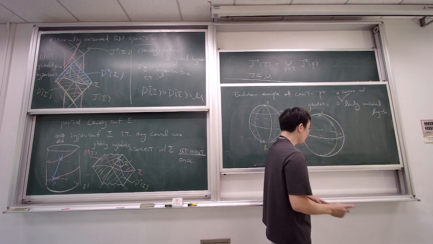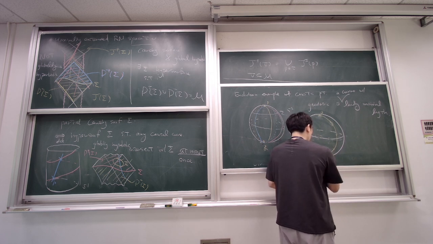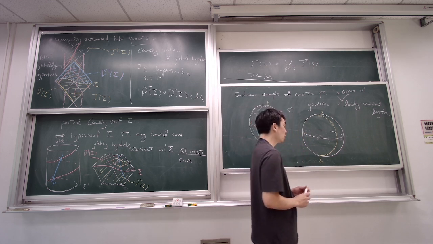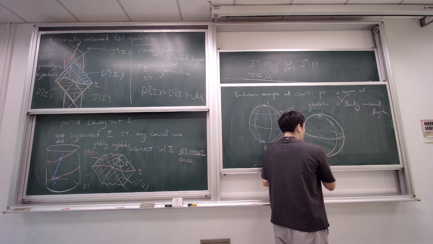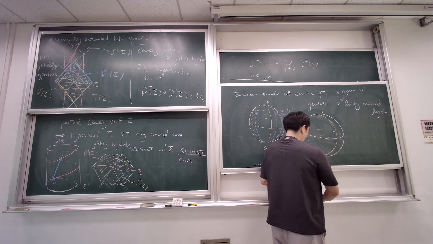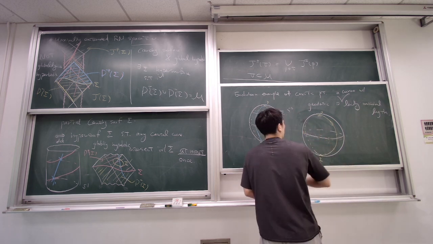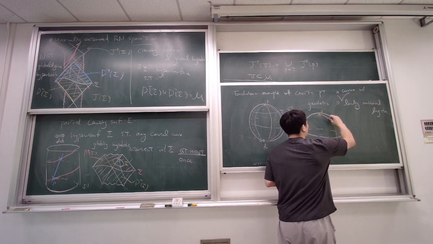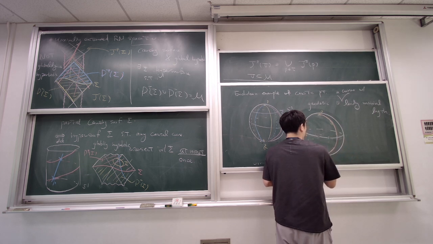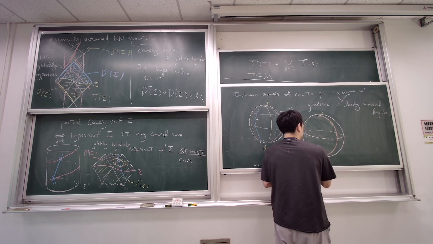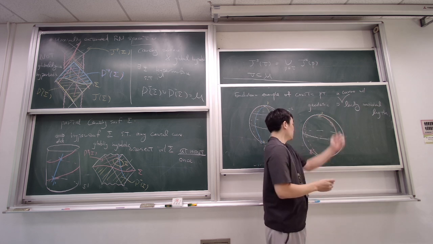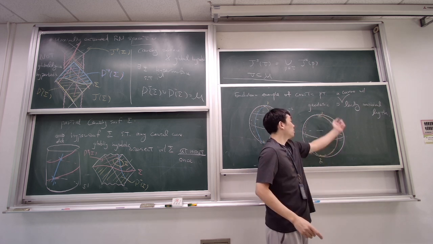But the important thing is once you cross the south pole. Once Q crosses the south pole, this path is no longer minimal length.